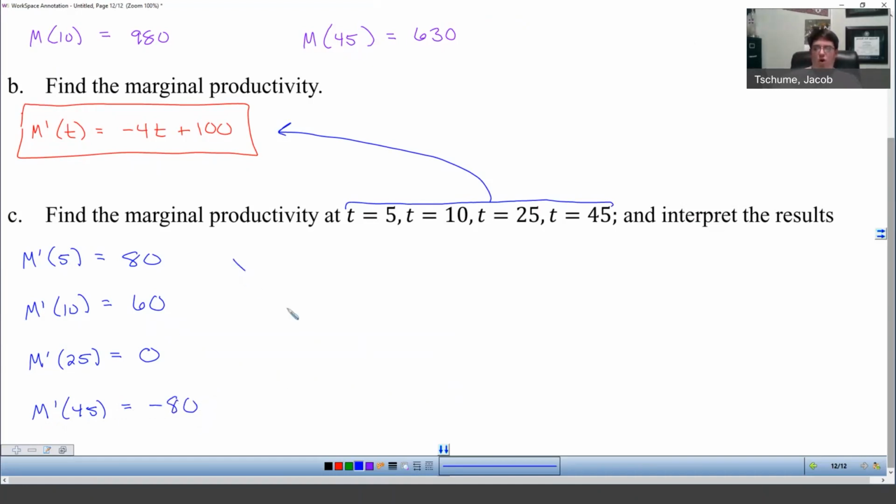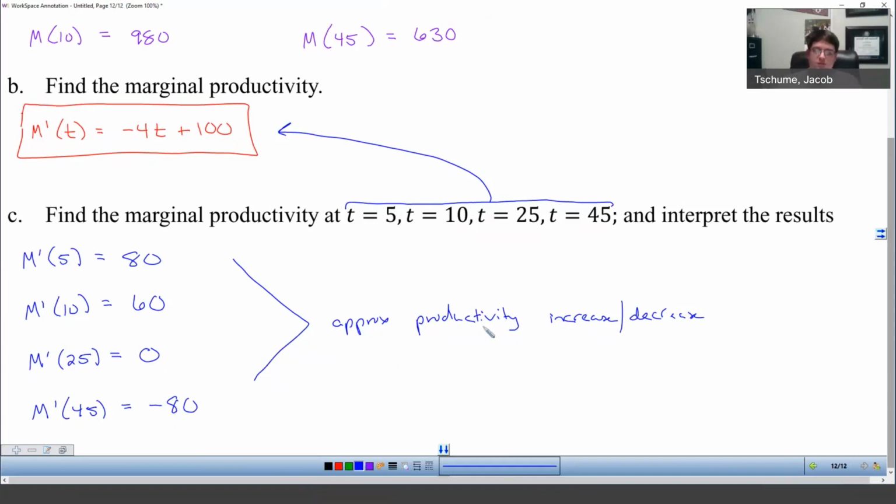So what do all of these represent? These all represent the approximate productivity either increase or decrease. Now it's an increase for the first two. The 0 means there's no increase or decrease, and the negative means decrease, in case on the homework they make you individualize it.